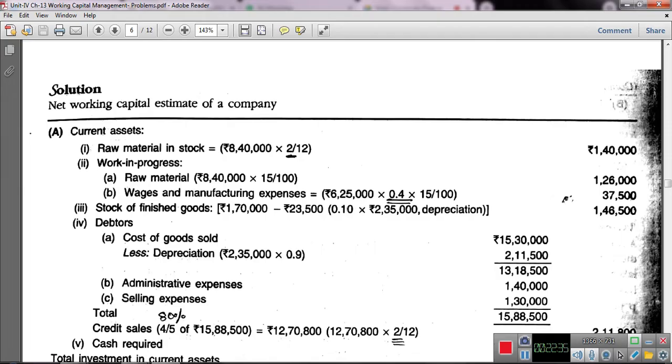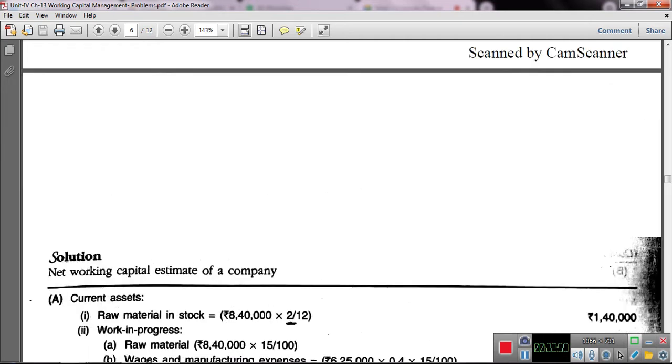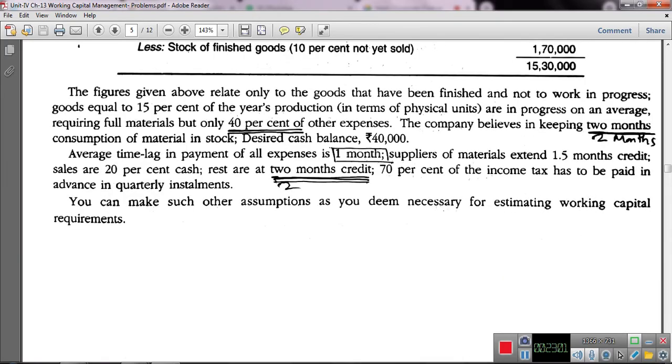The second current asset is work in progress. We need to estimate two items related to that: raw material in work in process, and wages and manufacturing expenses. For raw material, we have to consider 8,40,000 as a whole into 15 divided by 100, which is 15%. Why 15%? You need to read the problem and understand.